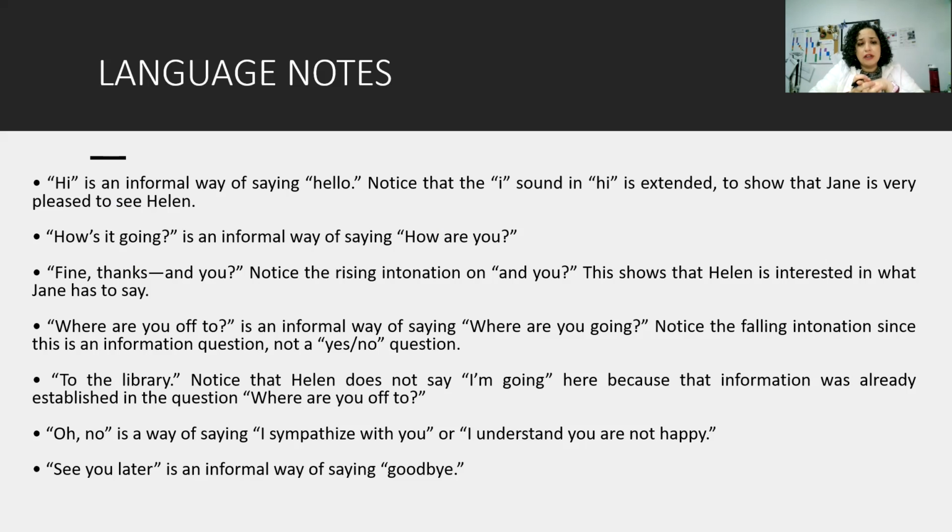To the library. Notice that Helen does not say, I'm going here, because that information was already established in the question. Where are you off to? And then she doesn't say, oh, I'm going to, no. Because this is an informal dialogue. So she just starts saying, to the library.